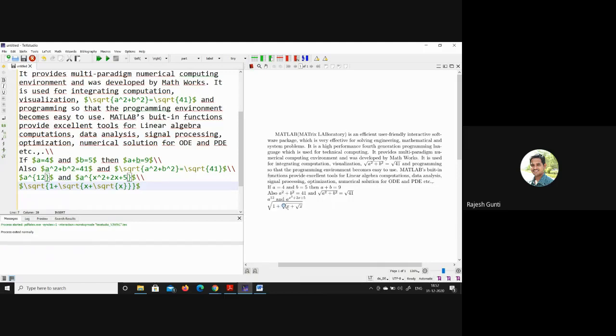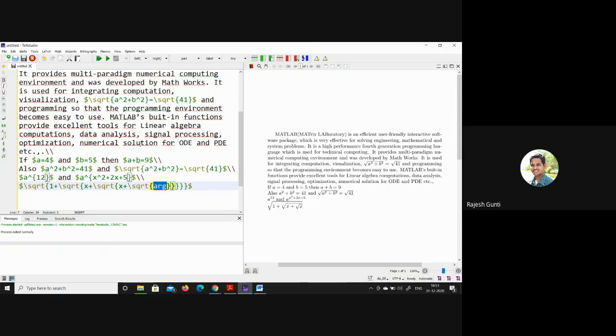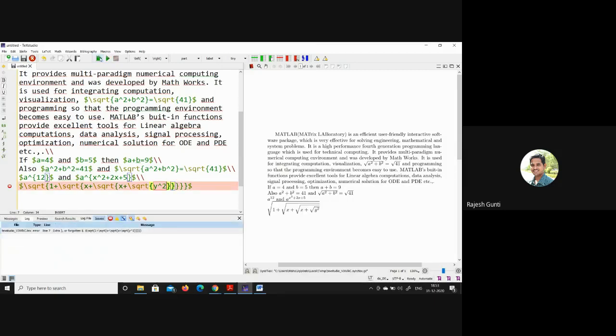Suppose you take one more bracket here, square root of x plus f plus sqrt of sqrt of y square. Some error is there, an extra bracket is there, I think. Some error came.